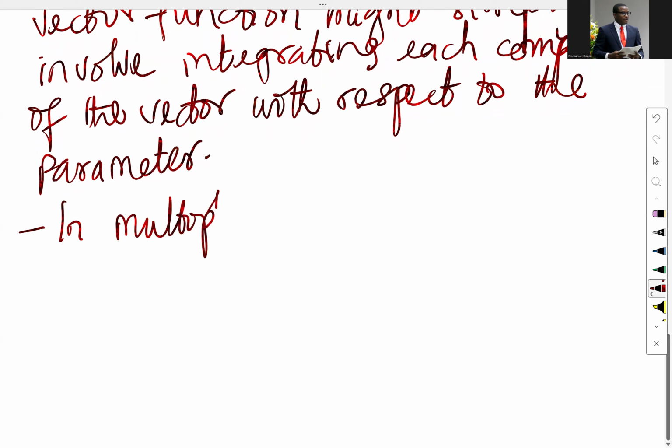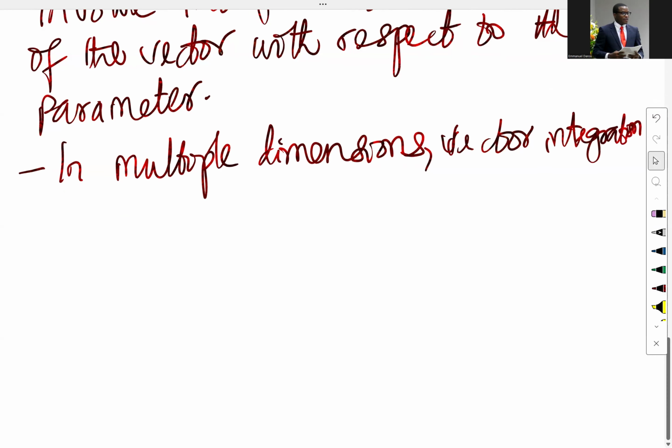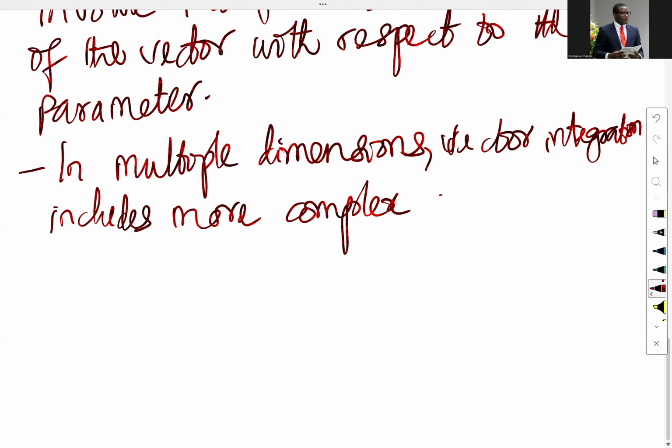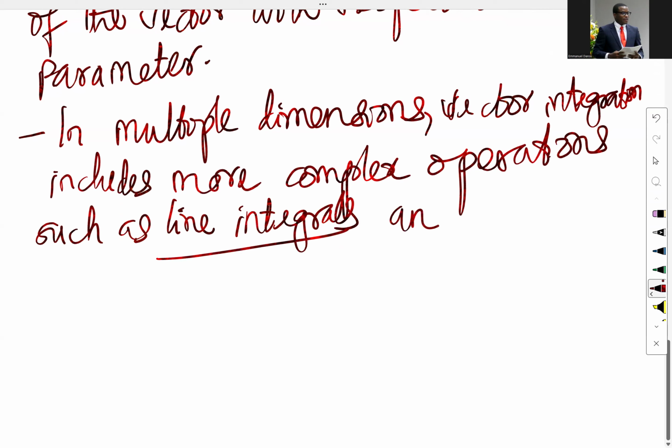So in multiple dimensions, like 2D, 3D, vector integration includes more complex operations, such as line integrals and surface integrals.